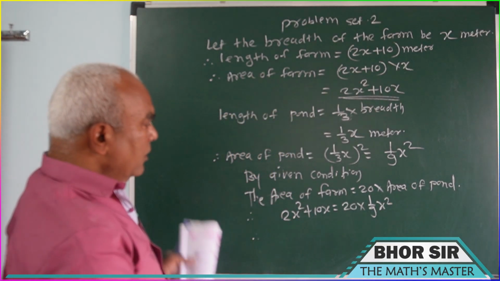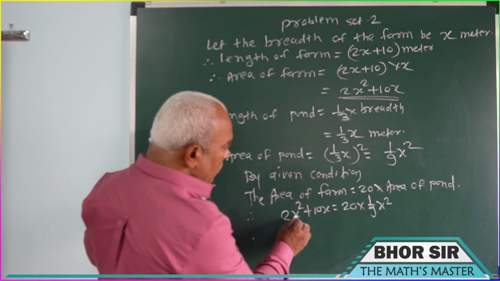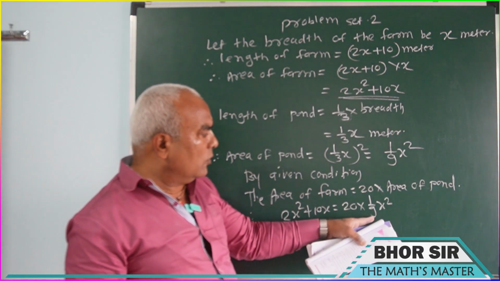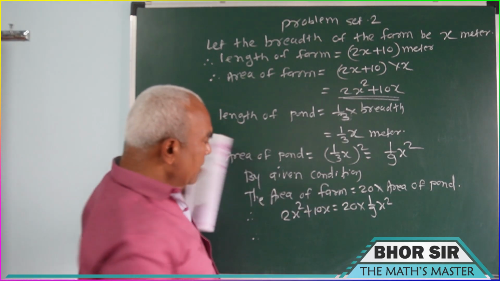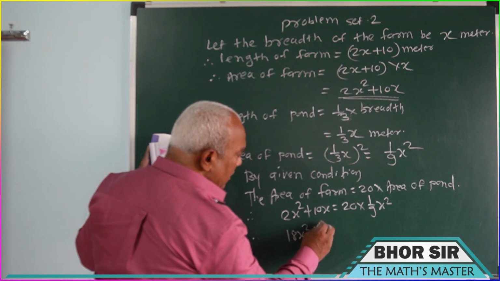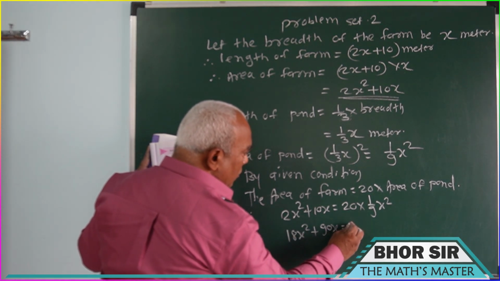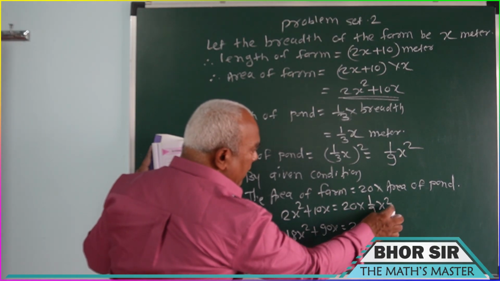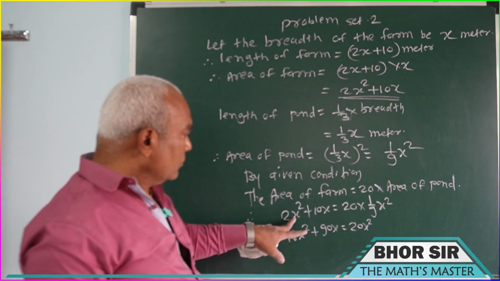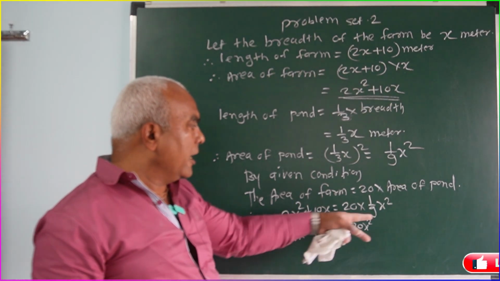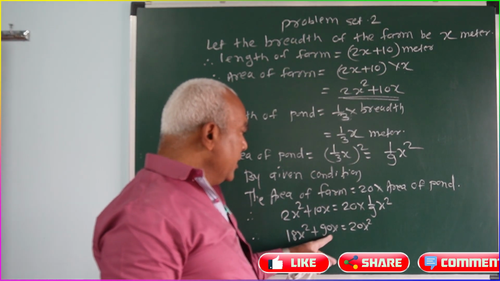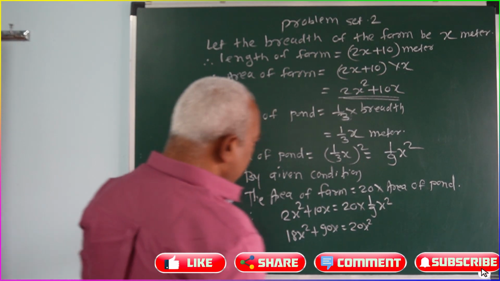Therefore, we don't want this 9, so multiply all by 9. 2x square multiplied by 9 becomes 18x square, plus 10x times 9 is 90x, is equal to 20x square, as the 9 cancels.